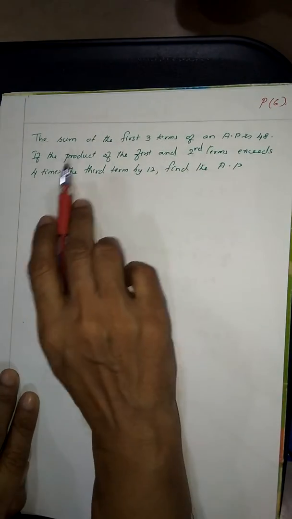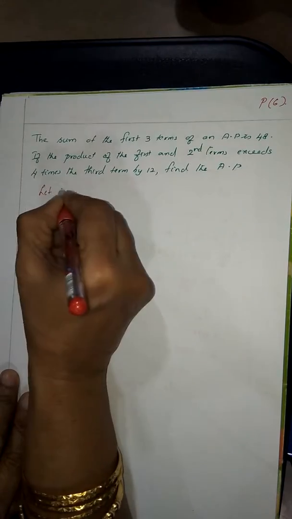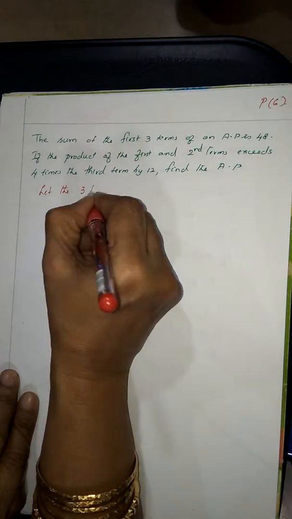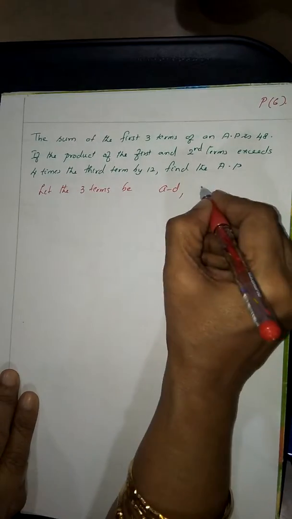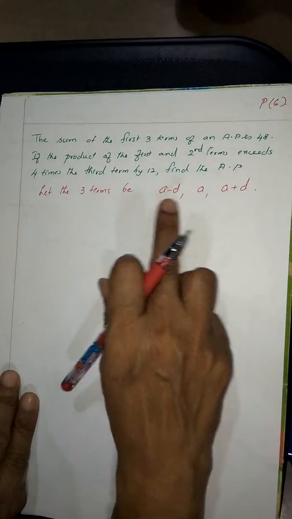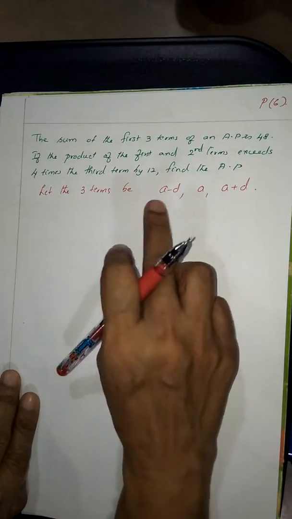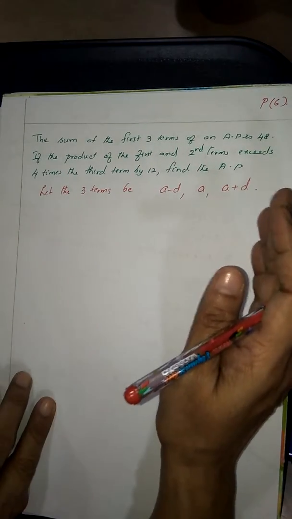The sum of the first three terms of an AP is 48. Whenever the first three terms are given, you have to let the three terms be A minus D, A and A plus D. We have to take it this way because if you add these, you will get 3A. If you take A plus D and A plus 2D, then you will not be able to find the answer.